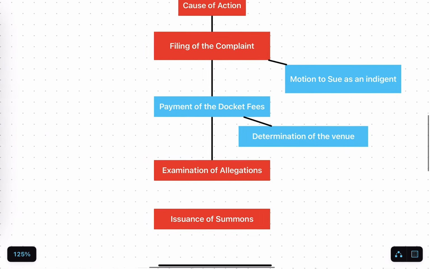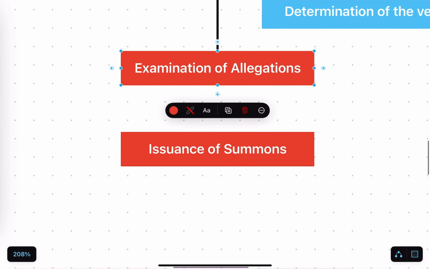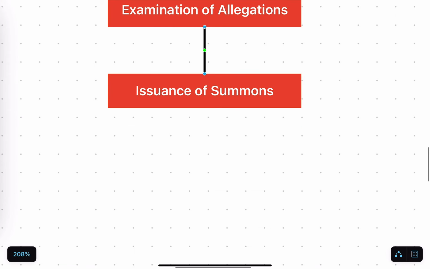Which I will explain in another video. So if there are no grounds of dismissal under Rule 9, the court will issue summons, and as a recall, that will cause the acquisition by the court of jurisdiction over the person of the respondent.